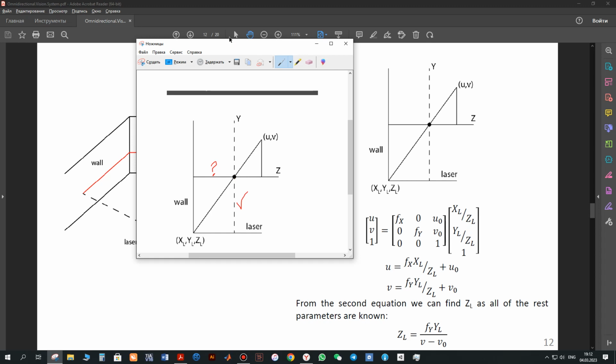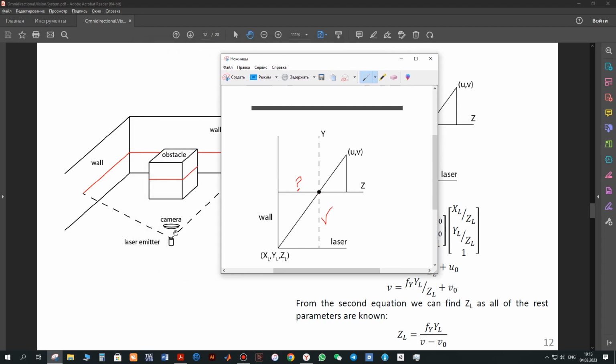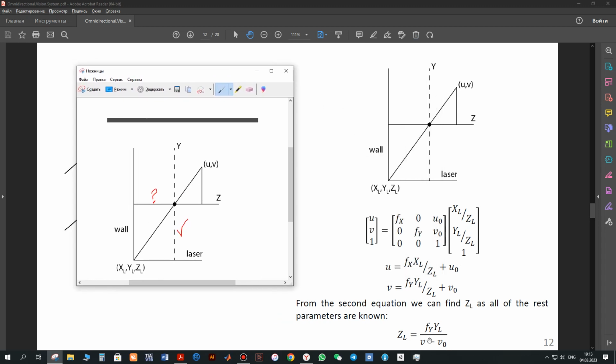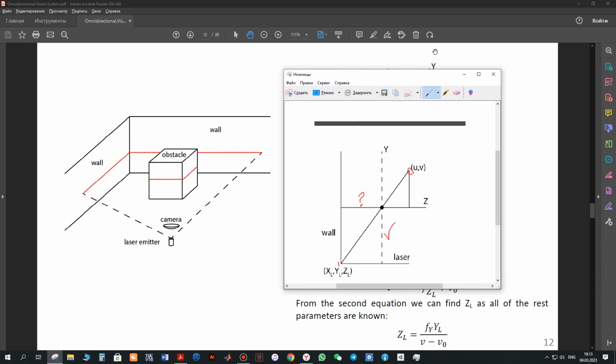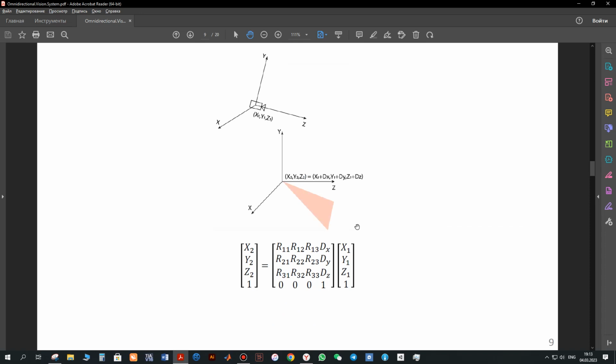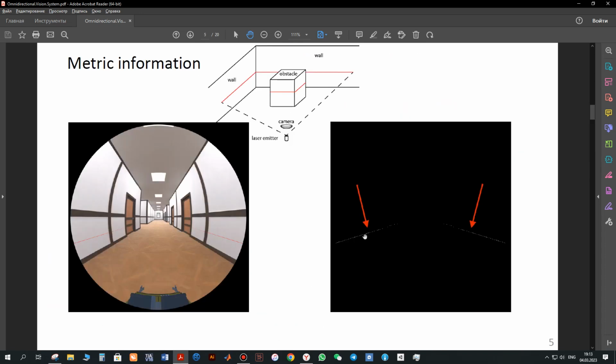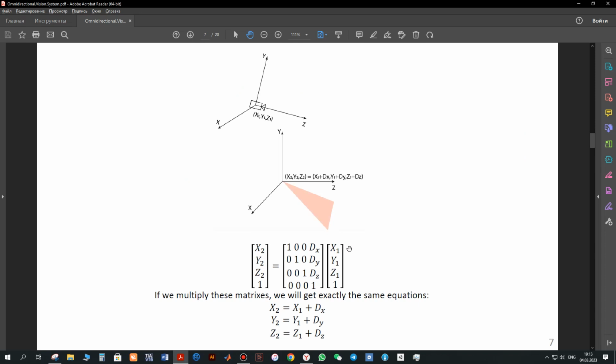For example, we measure this distance between camera and laser by the ruler, and this pixel coordinates also is known to us from the image. So we know where it is on the image, similar to where it was here, so we know the pixel coordinates of the laser. So every pixel we project to the world system.